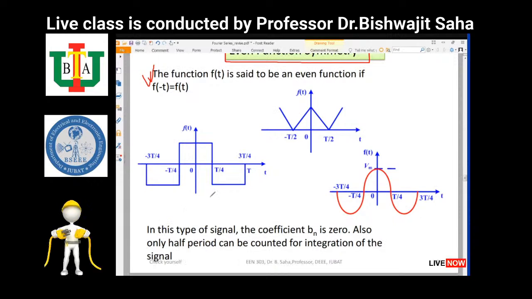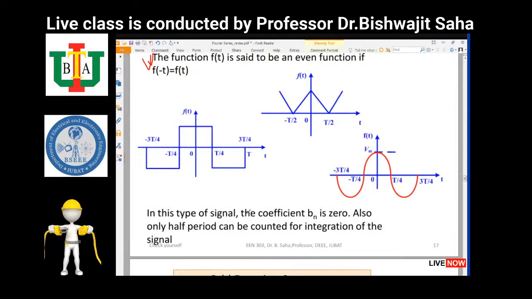If we find the signal is even function symmetry, then coefficient Bn is 0. That means you don't need to calculate Bn at all. Only calculate A0 and An.